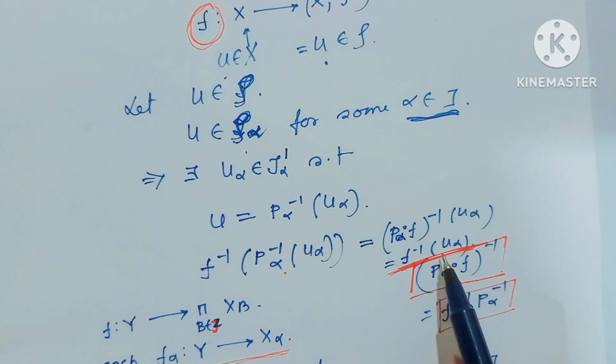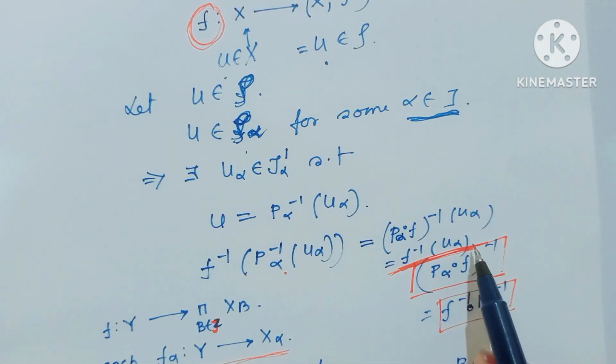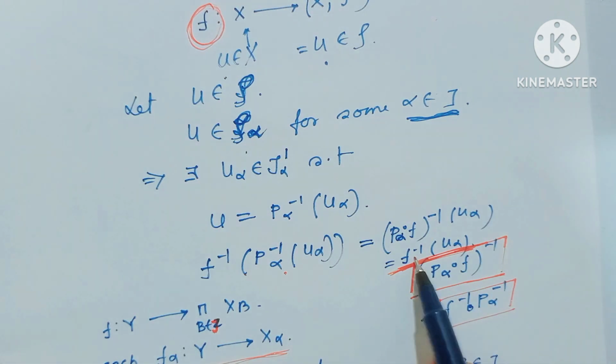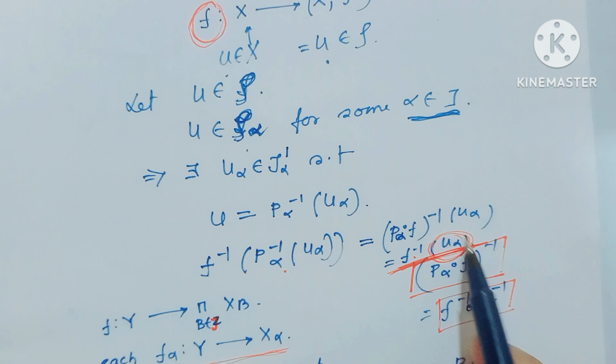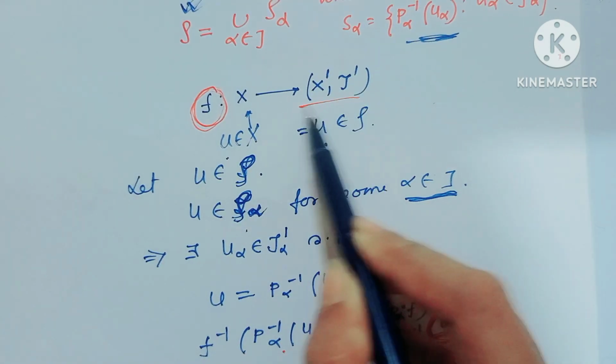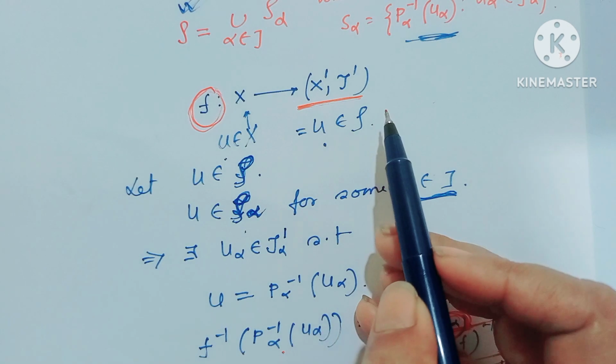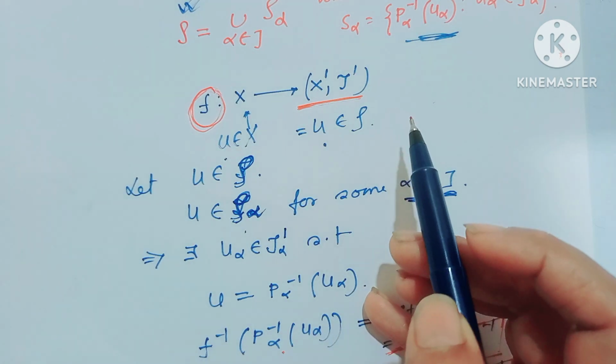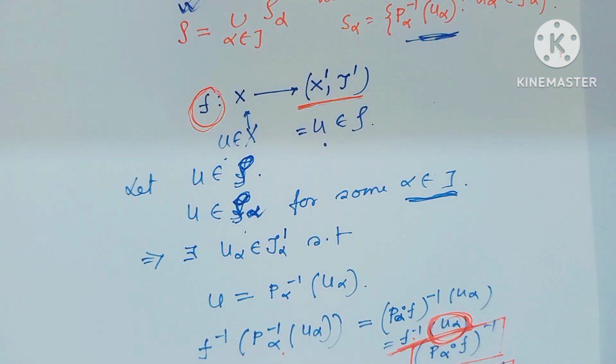Here f_alpha inverse of U_alpha, since it is the projection mapping, each component is always continuous.